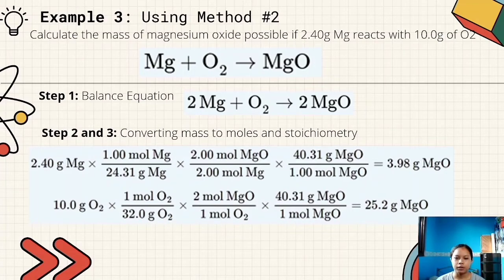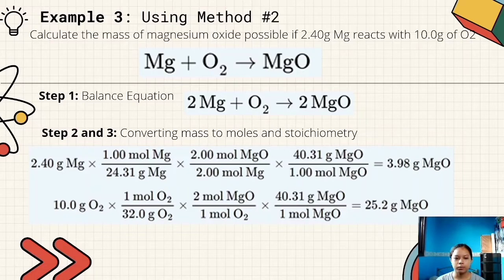We first convert the 2.40 grams of magnesium into grams of magnesium oxide. We will multiply 10 grams of magnesium to the value of mole of magnesium to grams, which is 1 mole of magnesium over 24.31 grams of magnesium. Next, we will multiply it to the times that the magnesium oxide will appear over the times that the magnesium will appear.